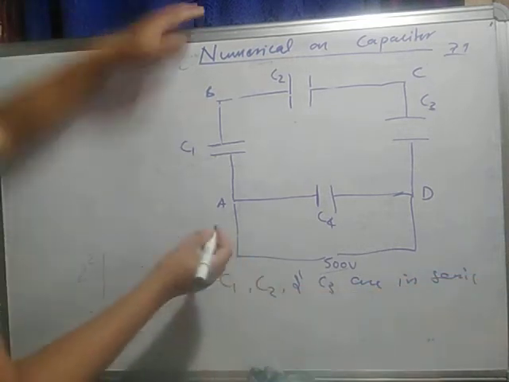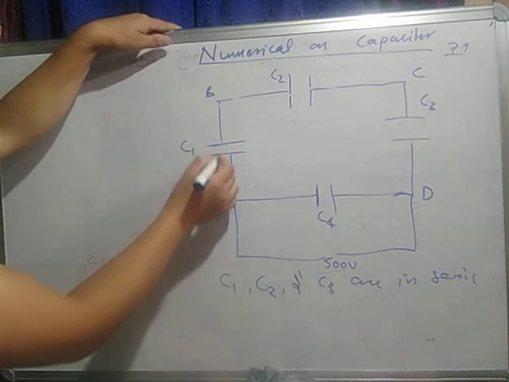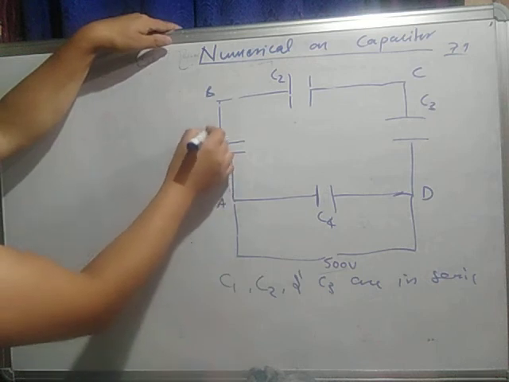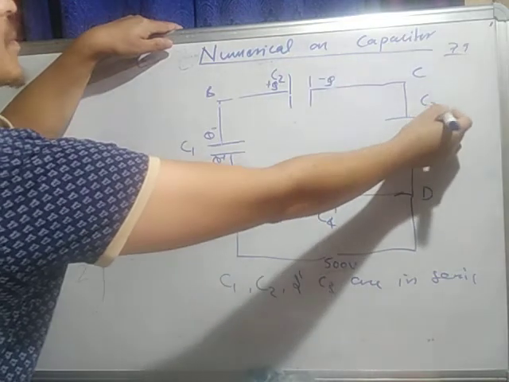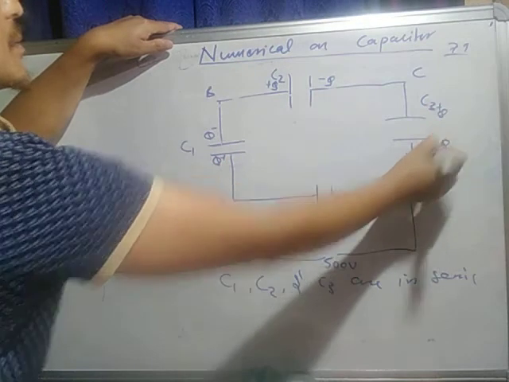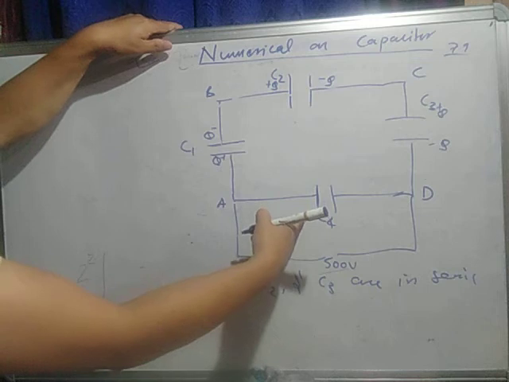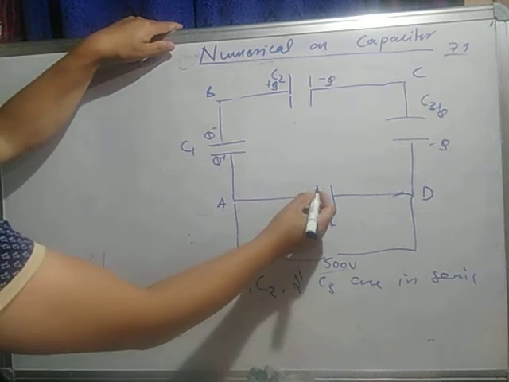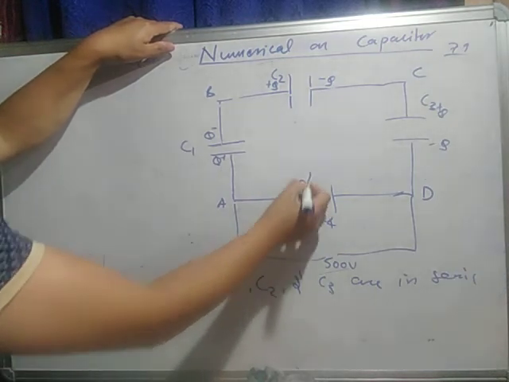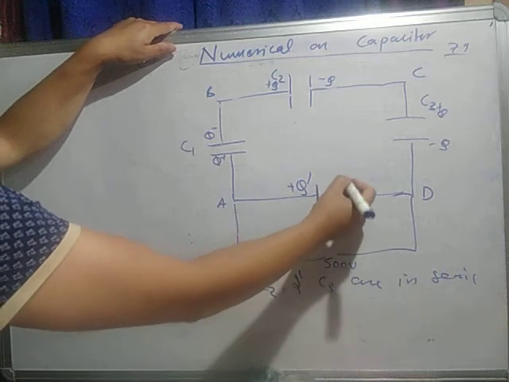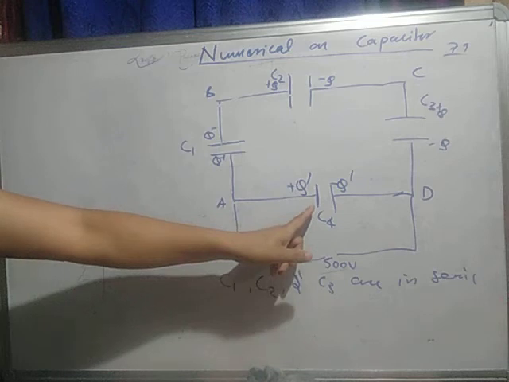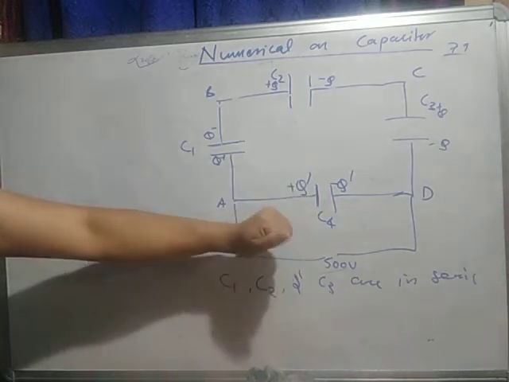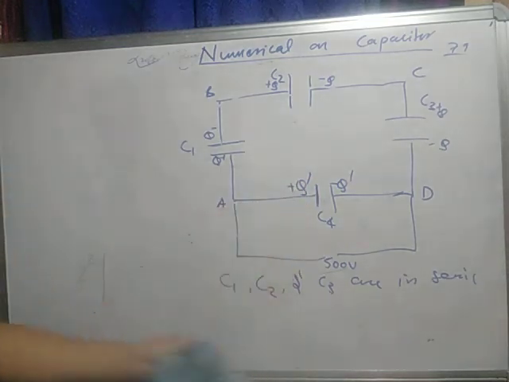We know the charge is the same: plus Q minus Q, plus Q minus Q, plus Q minus Q. And this is another path, isn't it? So that makes it parallel. So first find the equivalent capacitor.